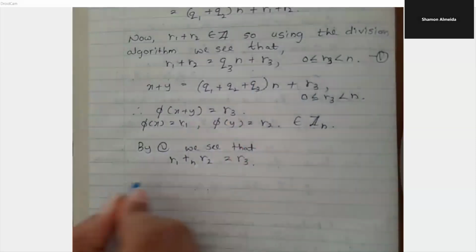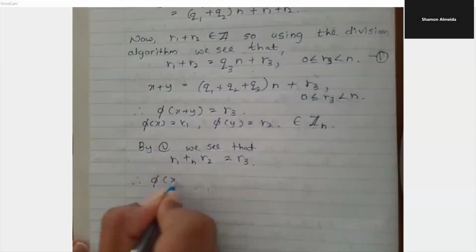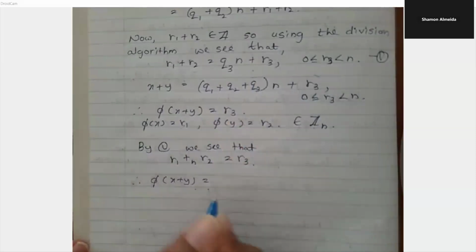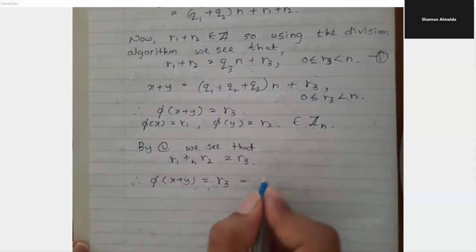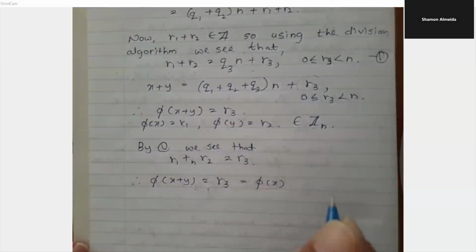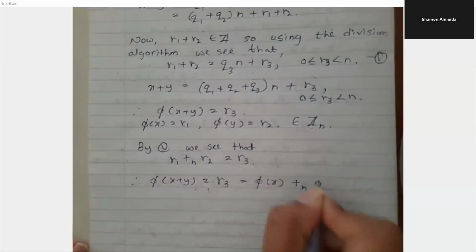Therefore, we have phi of x plus y equal to R3, and this is equal to phi of x addition modulo n phi of y.